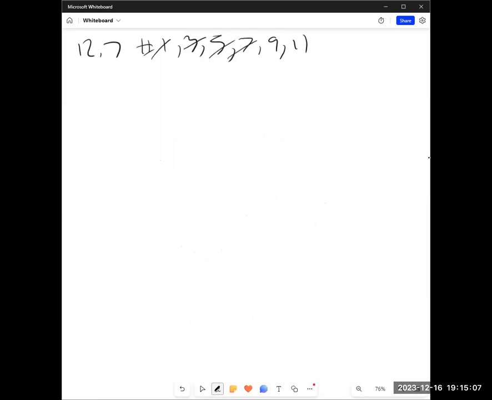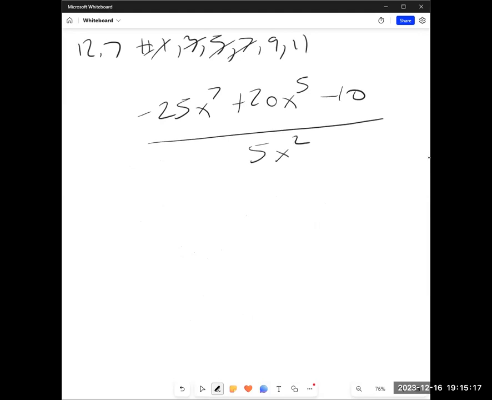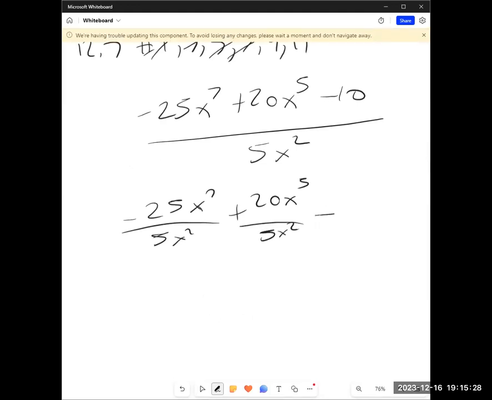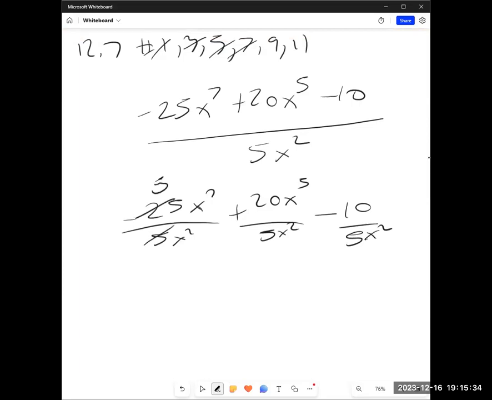Now I have negative 25x to the 7th plus 20x to the 5th minus 10 over 5x to the 2nd. That's negative 25x to the 7th over 5x to the 2nd plus 20x to the 5th over 5x to the 2nd minus 10 over 5x to the 2nd. 5 goes into 25 5 times.